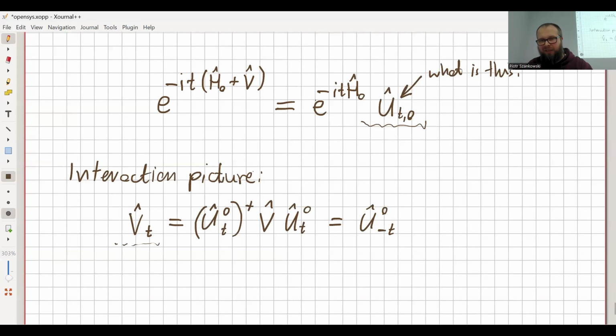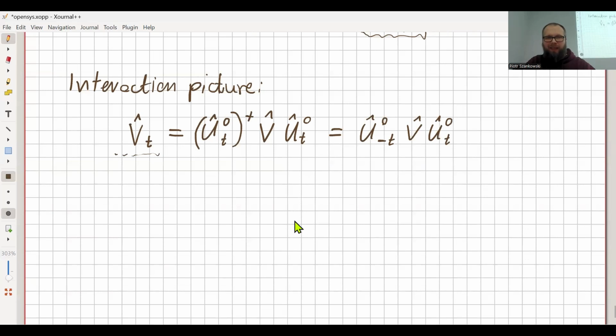There's no time ordering, you just flip the sign. Okay, so we have V in the interaction picture, and once we have this, the remainder, the evolution operator in the interaction picture, is actually given by the time-ordered exp.